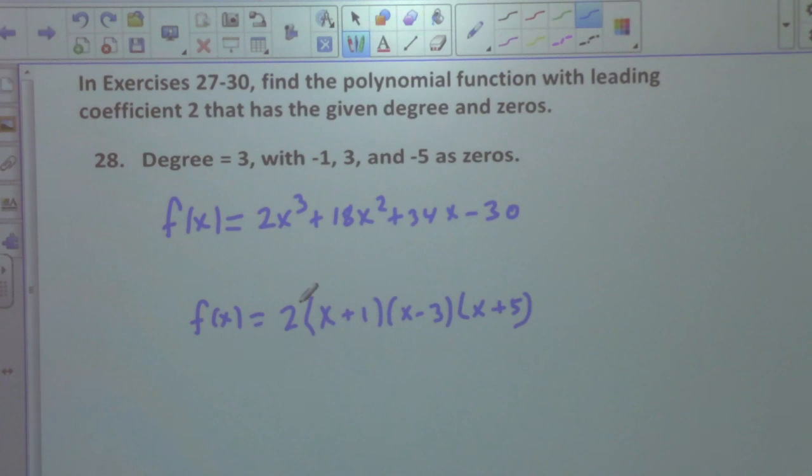Now, I want to tell you something that Chloe did in fifth period. What she did first is she distributed first, like this. So she got 2x plus 2 and then multiplied everything out. So you can do it like that too. That's what Chloe did.